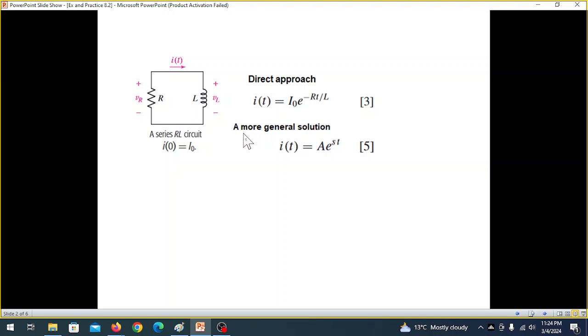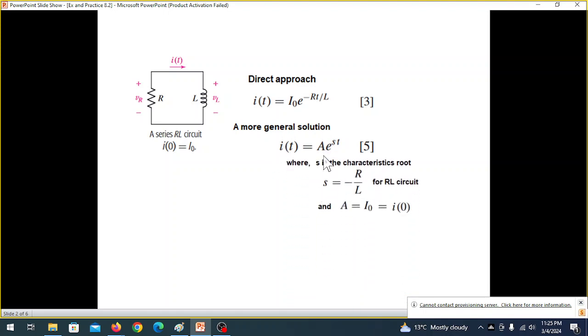And then he has used another approach, and in that he is using A e raised to the power st. So these are the two things we'll discuss as we go along. Now, what is s?